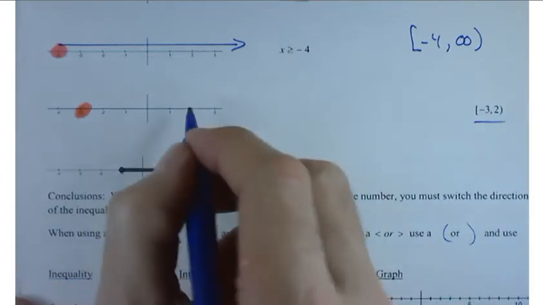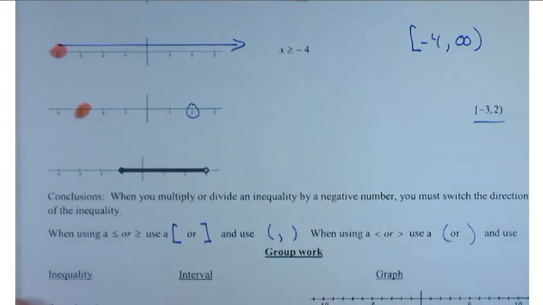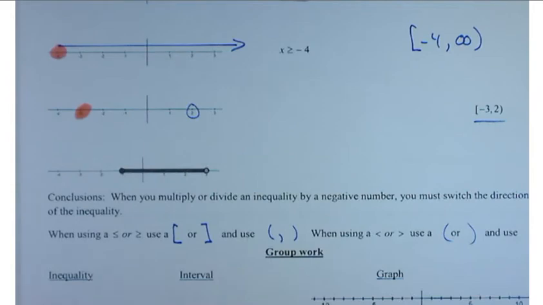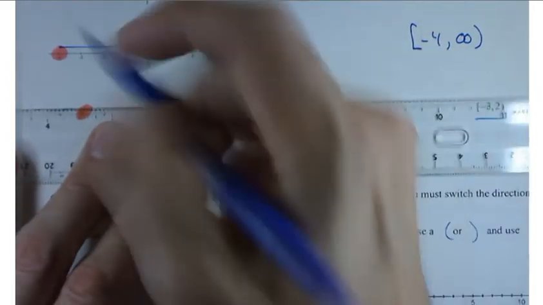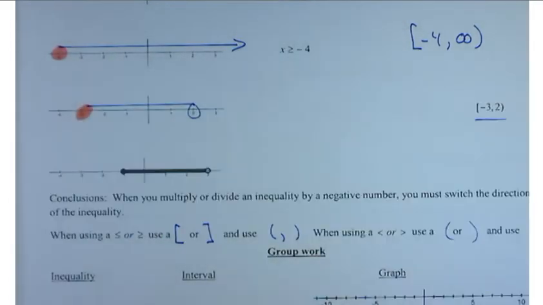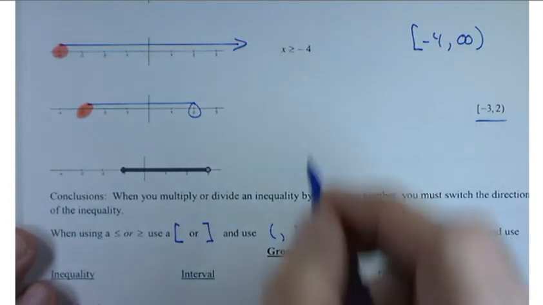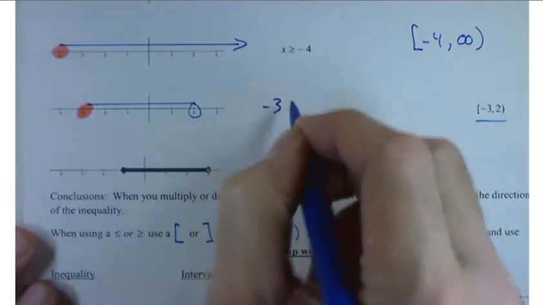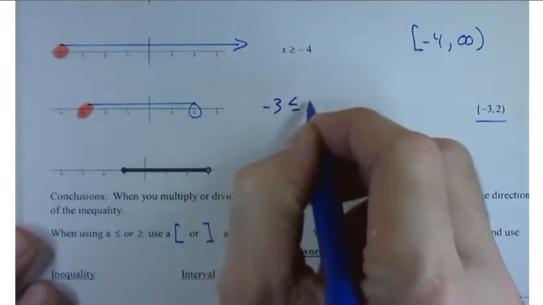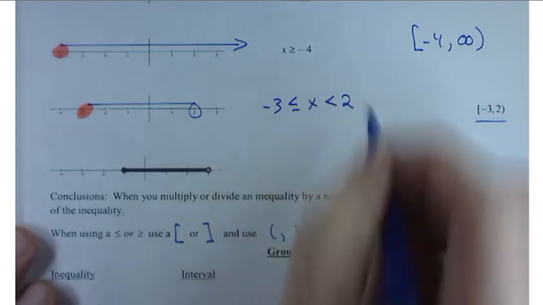And a hollow dot at 2. So I want everything between there. And there's your graph. As far as the inequality is concerned, that's -3 is less than or equal to x is less than 2.